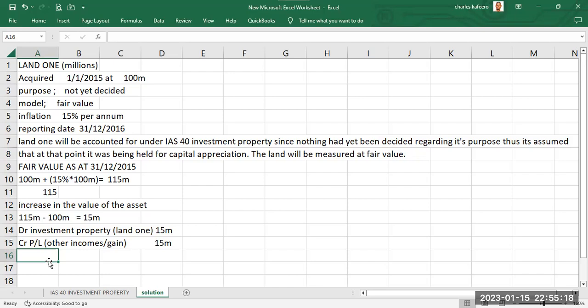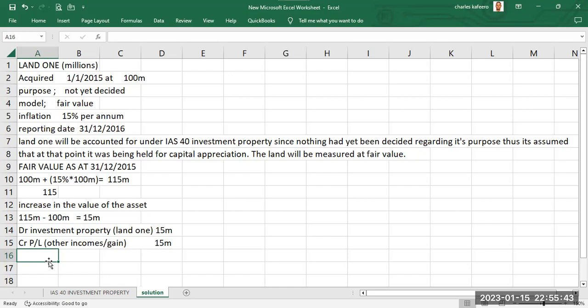But if we are using a revaluation model, we could be taking that revaluation gain to the OCI, or statement of other comprehensive income, which comes after the net profit.